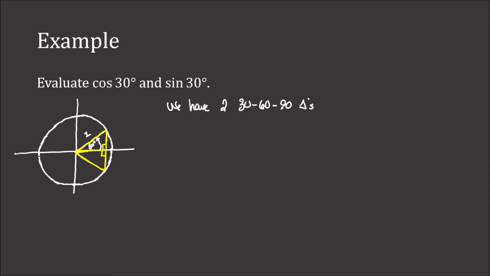If we look at them as a single triangle, it becomes a 60, 60, 60, which is an equilateral triangle. So this means that all lengths must be equal.